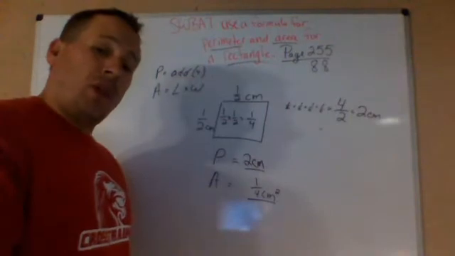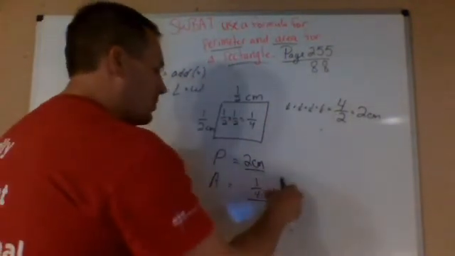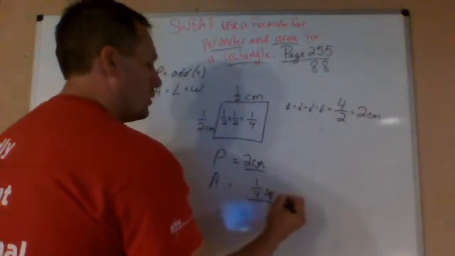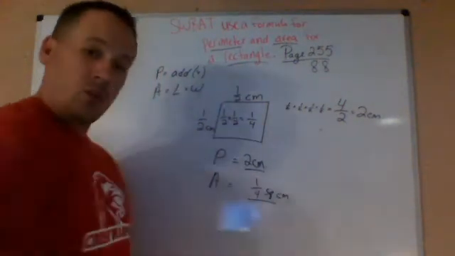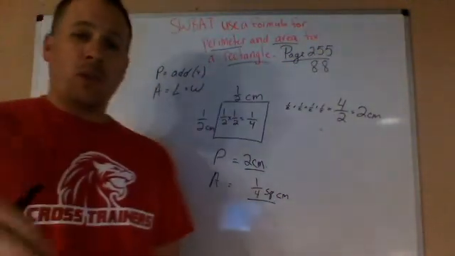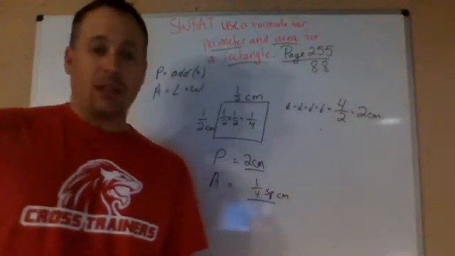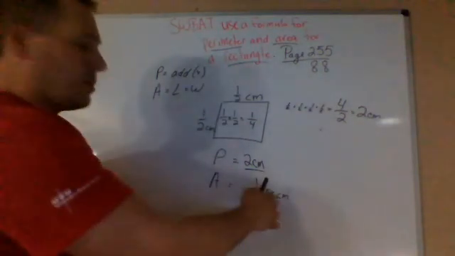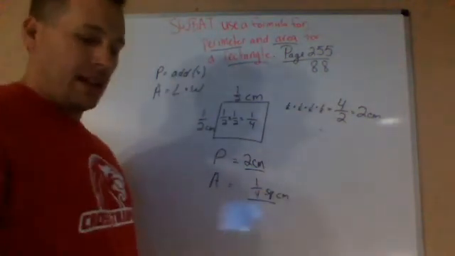Or what you could do is you could say 1/4 SQCM, square centimeters. That's the same thing. So if you put 1/4 SQCM, that's like saying 1/4 centimeters squared. So you can choose to do the SQ and then CM.